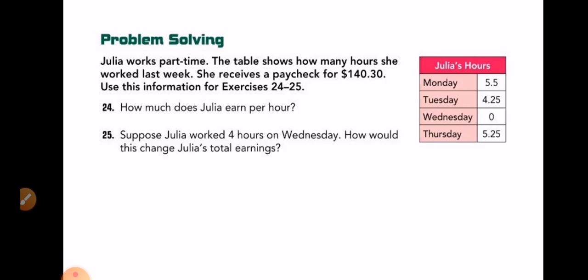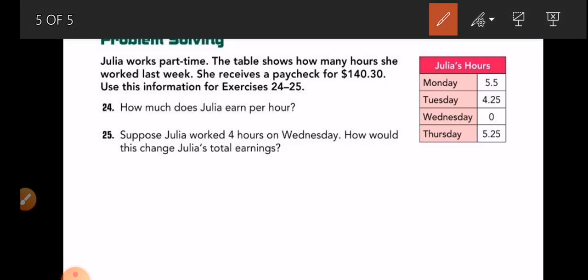That she received a paycheck for 140.3. Yes, let me highlight this. What does it mean she received the paycheck? It means the total amount of money she received was 140.3.